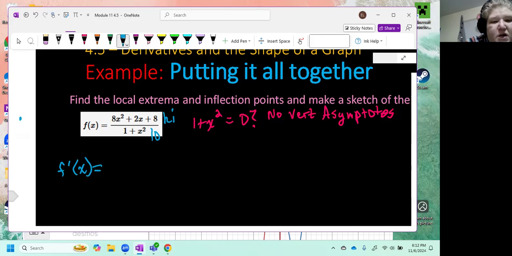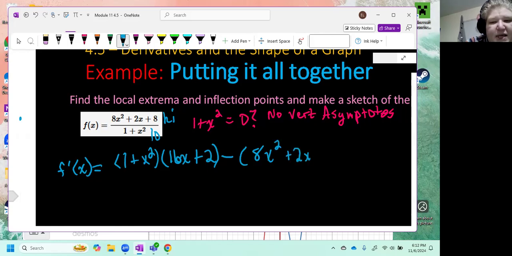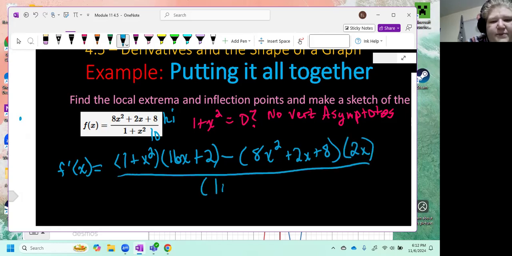F prime of x: low, 1 plus x squared, d high, 16x plus 2, minus high, the whole crazy 8x squared plus 2x plus 8, d low is 2x, square the denominator. And away we go.